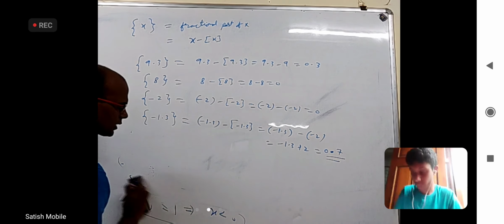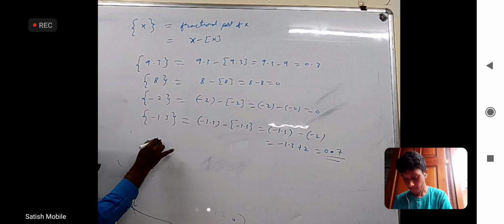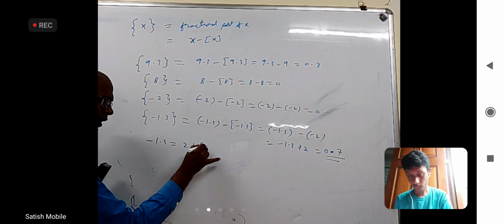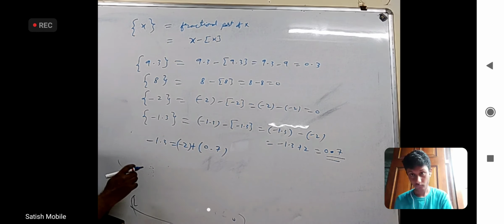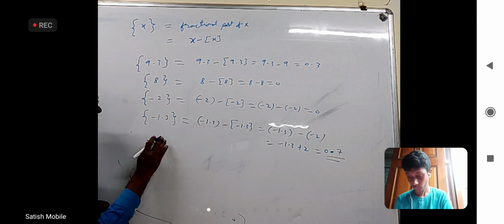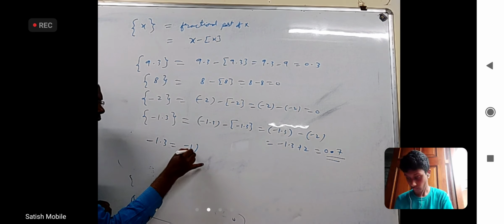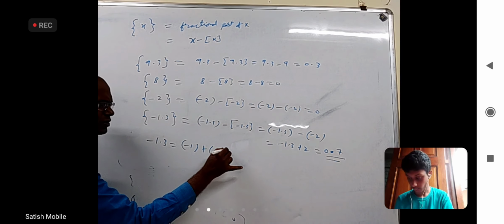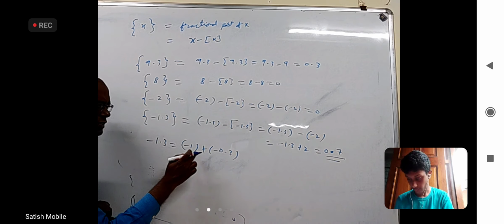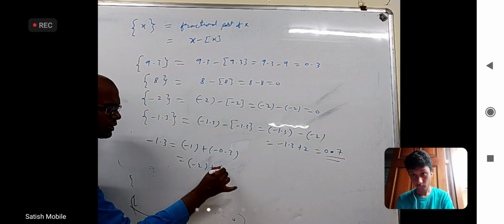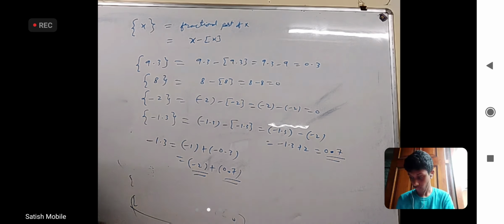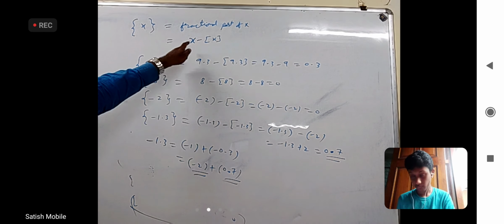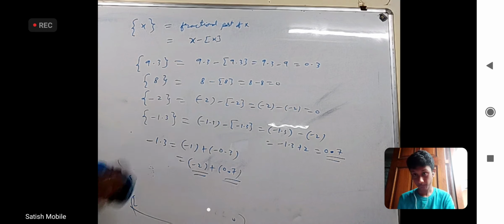Basically you can remember it like this: minus 1.3 means minus 1 plus minus 0.3. You don't want to call that the decimal part. You can rearrange it and write it as minus 2 plus 0.7. Now this is the integer part and this is the fractional part. You can remember it that way. Our formula is there: fractional part of x means x minus integer part of x.